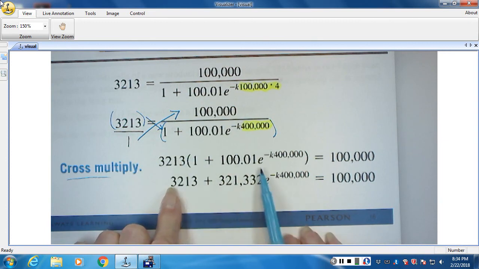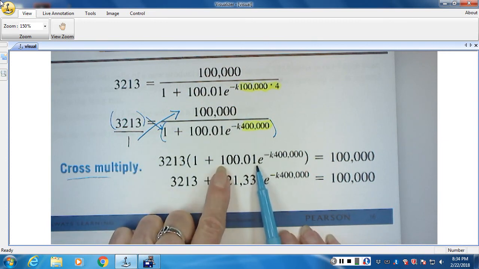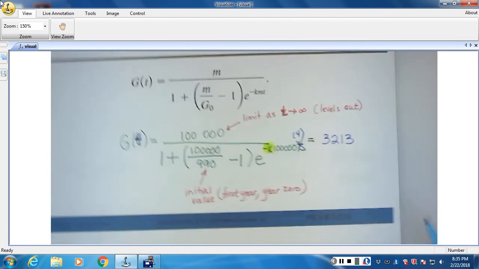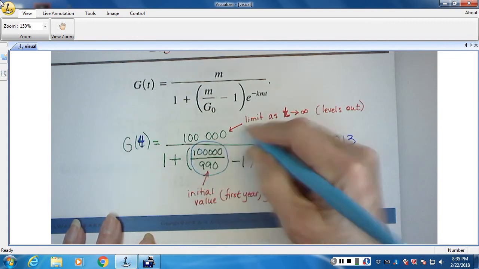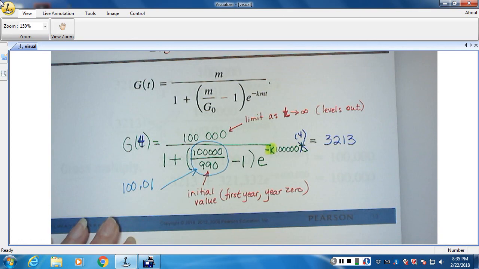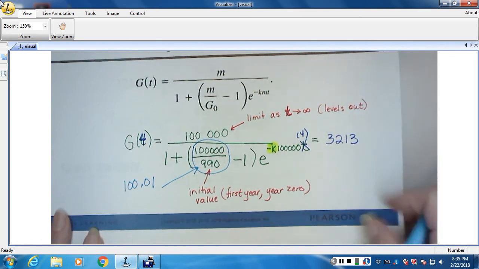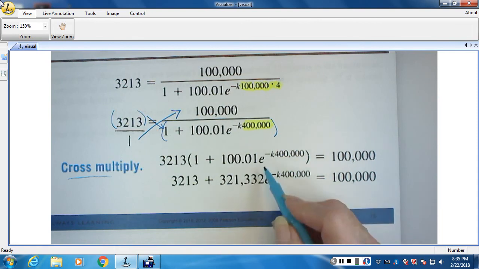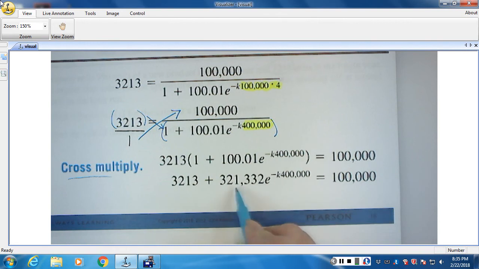And 3213 times 100.01, which, if you're wondering where that came from, is that number right there that we started out with that fraction. So it came from that other arithmetic, times e raised to that negative power. So when we multiply 3213 times that, we get this.